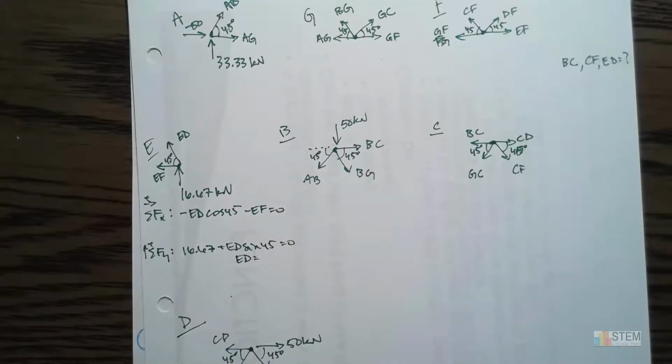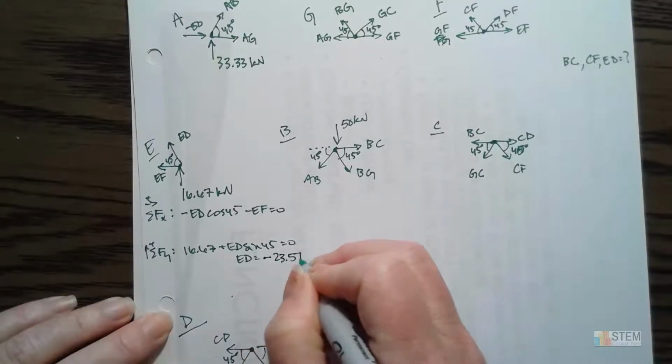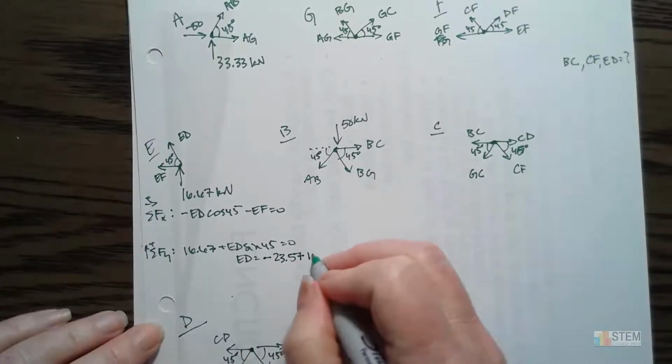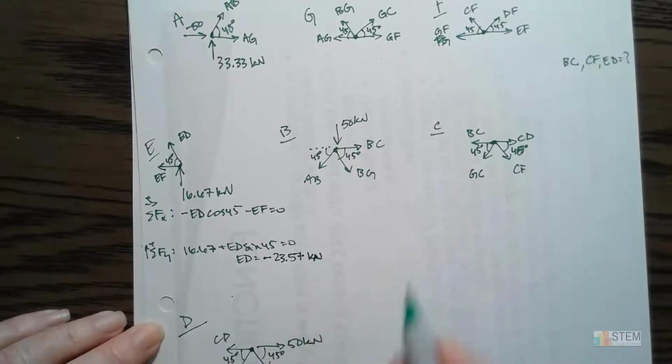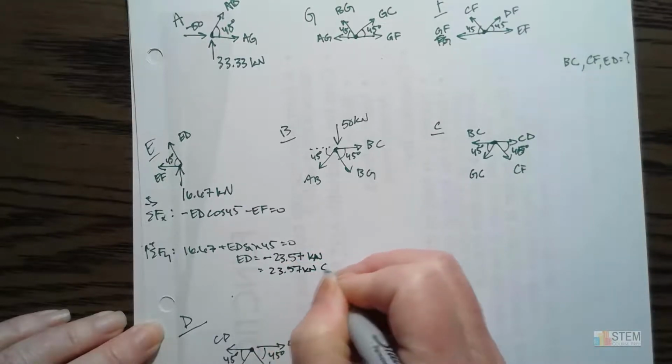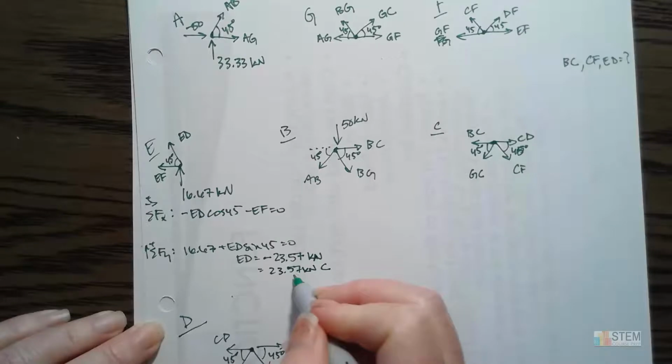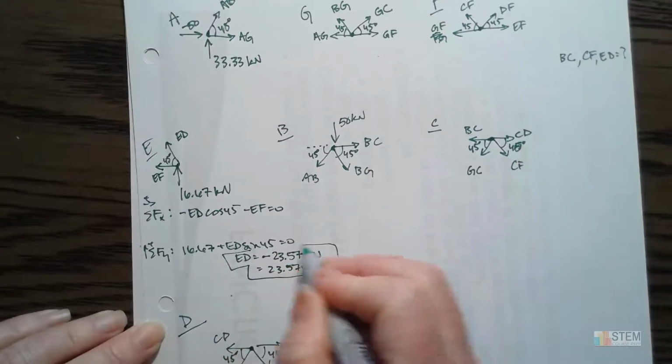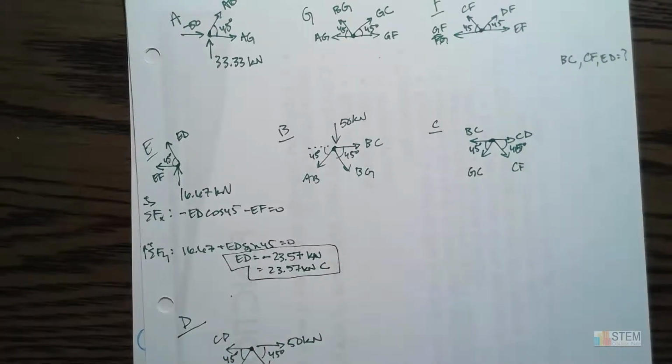And if we solve for ED, plug this in the calculator, we get negative 23.57. All right, so just like on the method of sections, this is negative, so that means it is compression. So there's one of our answers we were looking for right there.